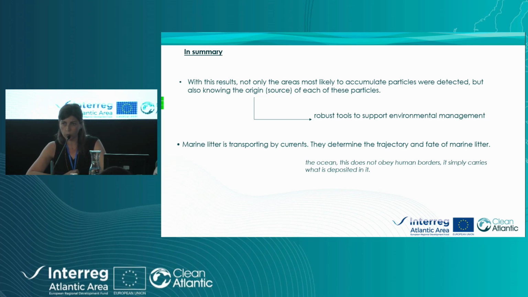And finally, with all these results from the modeling, we got the maps of the typical routes of these plastic particles throughout the Atlantic area, but also we mapped the areas where they are more prone to accumulate. And we identified the origin of these particles.